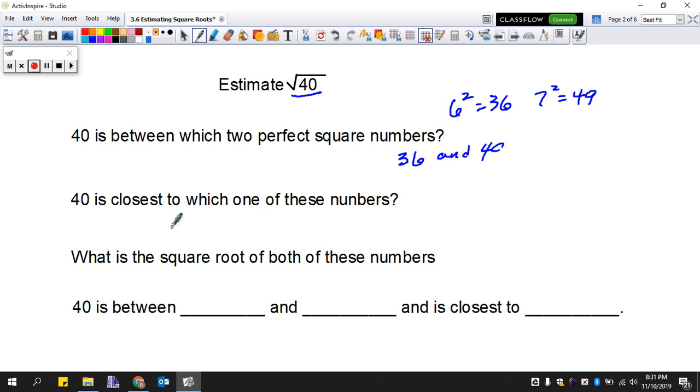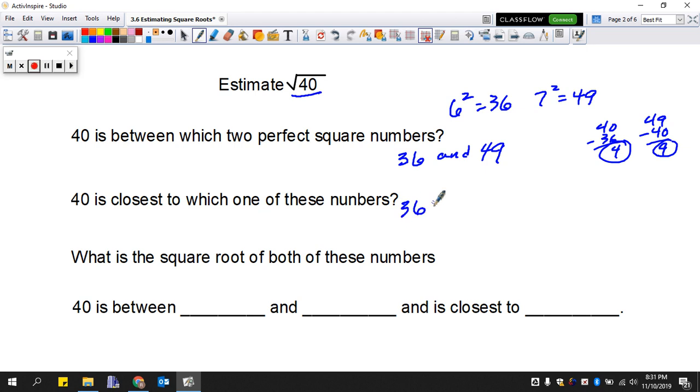The next thing it asks is which of these numbers 40 is closest to. Okay, that should be an M, not an N. 40 minus 36 is 4, so 40 is 4 away from 36, and 49 minus 40 is 9.